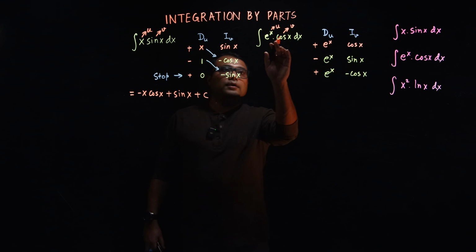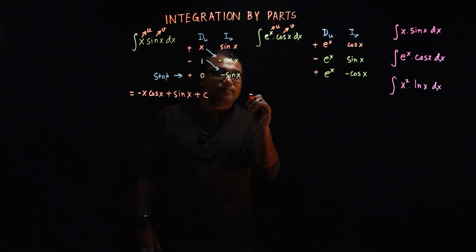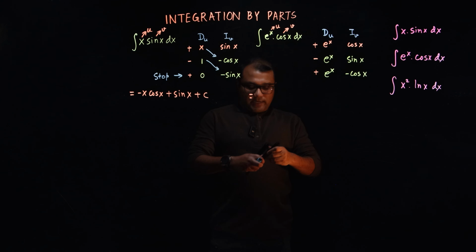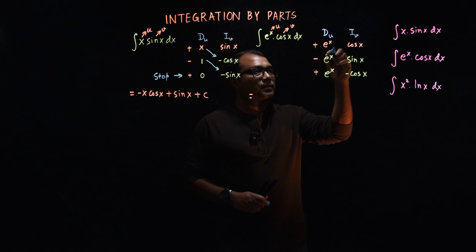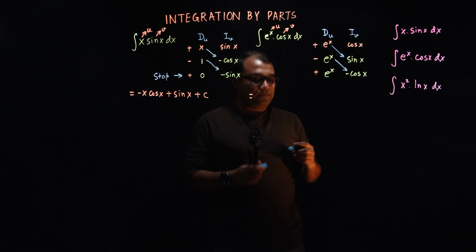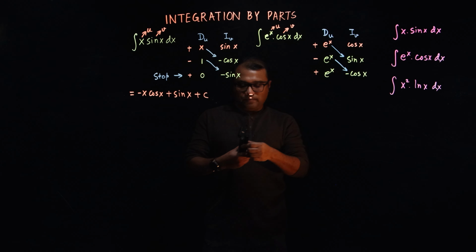Now, if we rewrite this, we can write it as, we multiply e to the power x with sin x, and this with this, and so on.